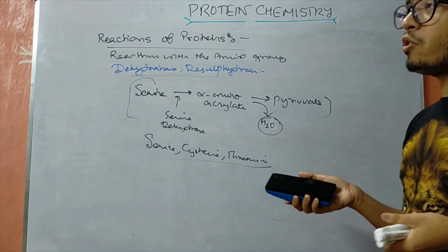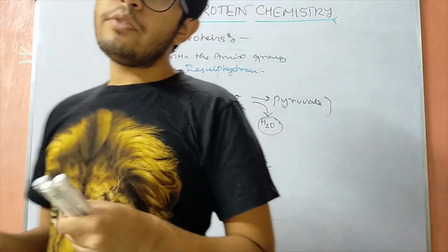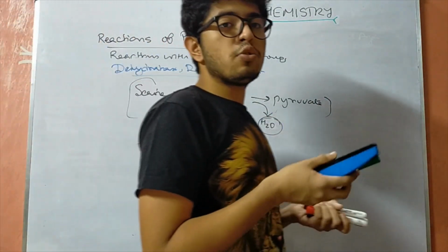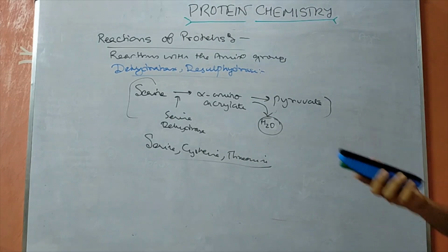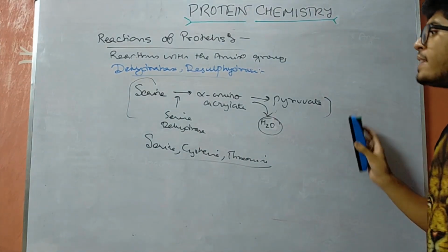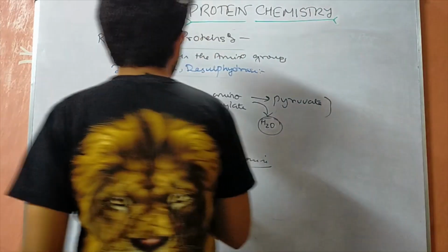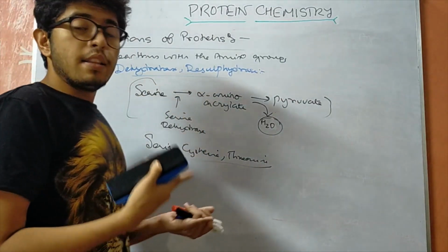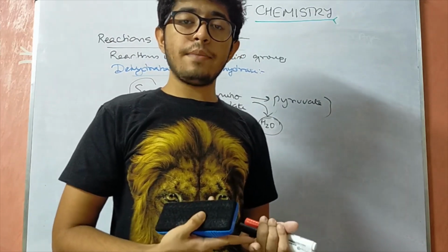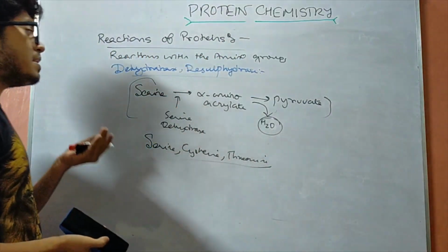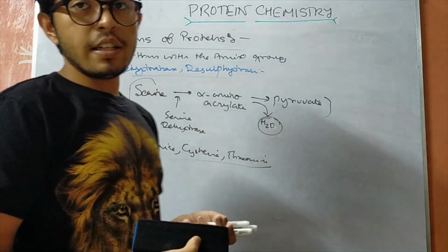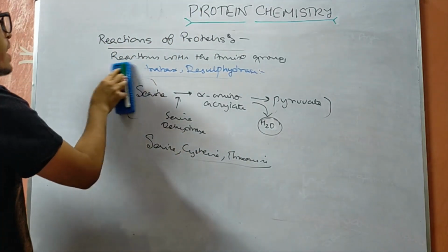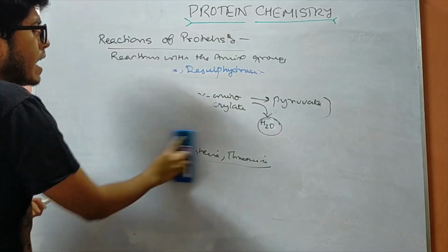Carbamino hemoglobin is formed by the reaction of CO2 with the NH2 group, or amino group, of a polypeptide chain. So we have discussed in amino acids the oxidative deamination, transamination, and also the dehydratase and desulfhydrase reactions. Now coming to the next part, the reactions of the carboxyl group.